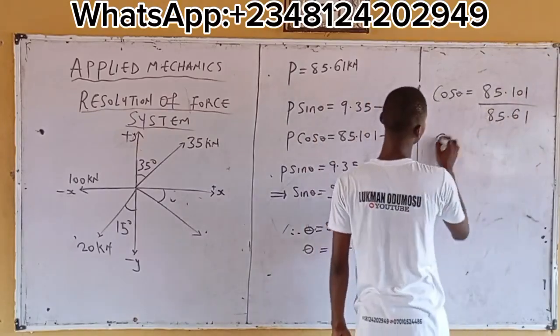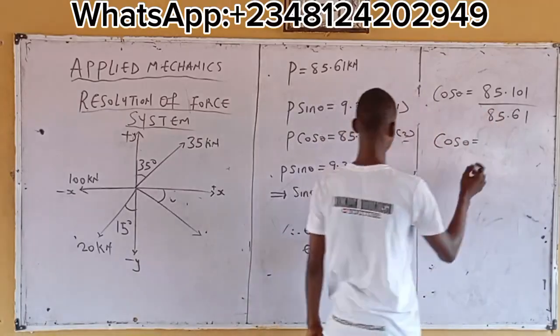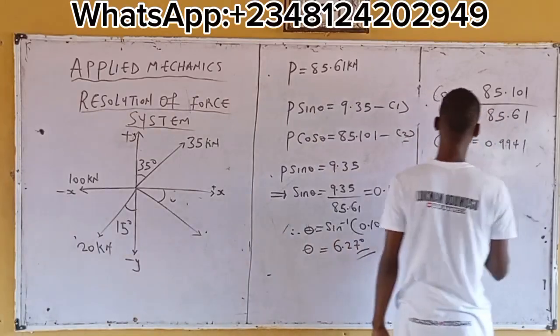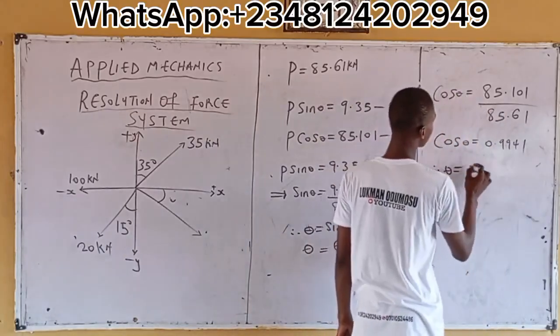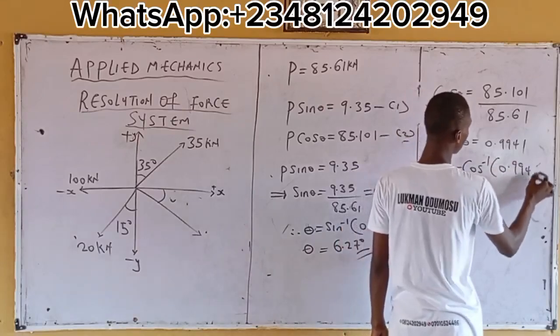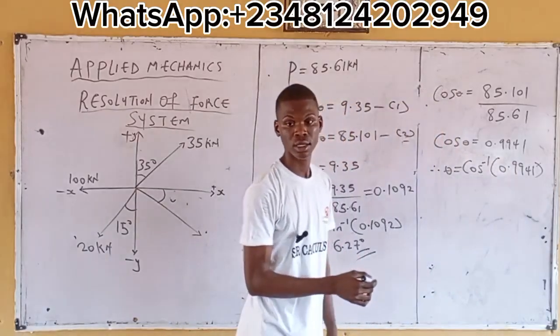Now divide, what do you have? Cos theta is equals to 0.9941. Therefore, theta is equals to cos inverse of 0.9941. The answer is 6.25.